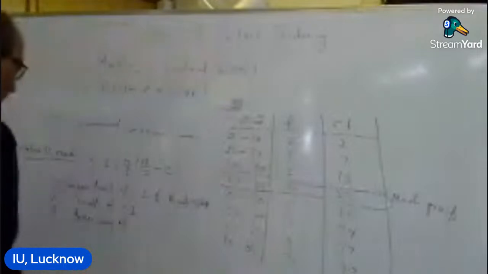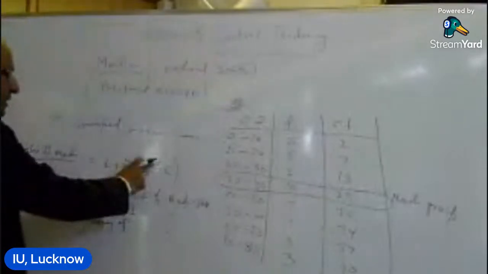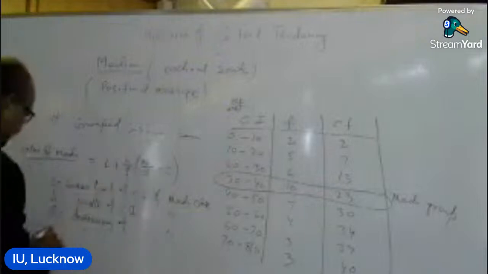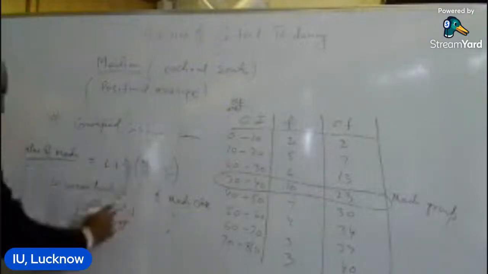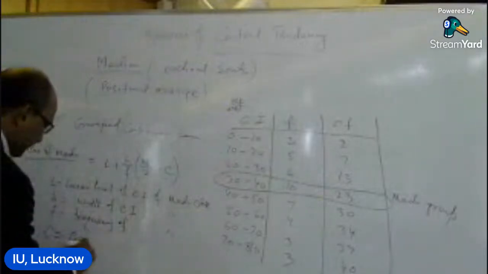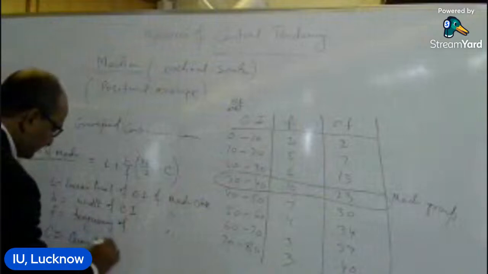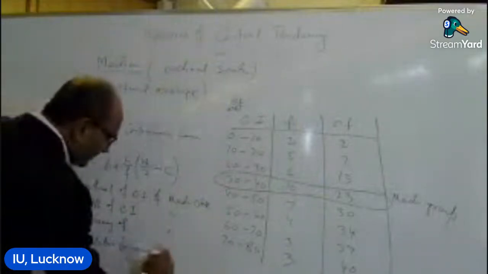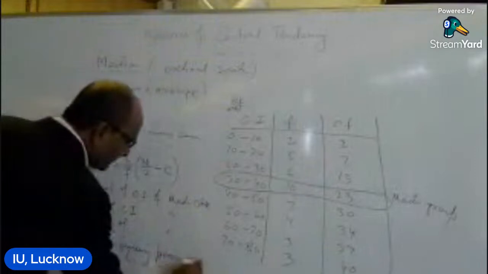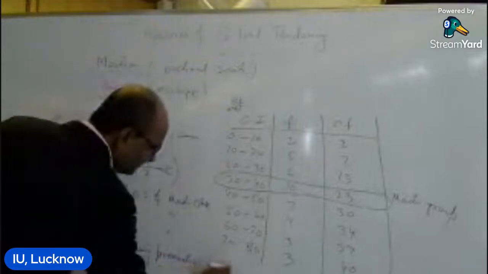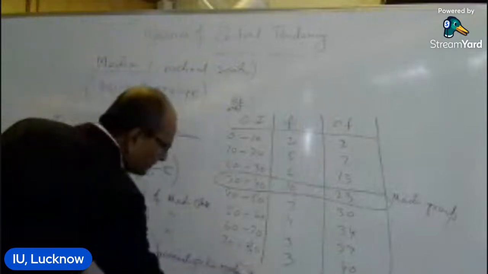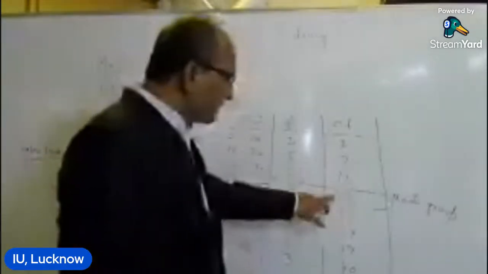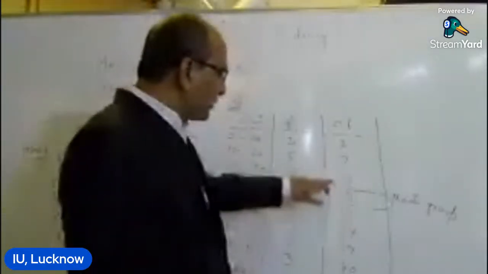And N, you already know, N is the total number of frequencies. And C, capital letter C, is the cumulative frequency preceding the median class. Means the cumulative frequency preceding this median class.